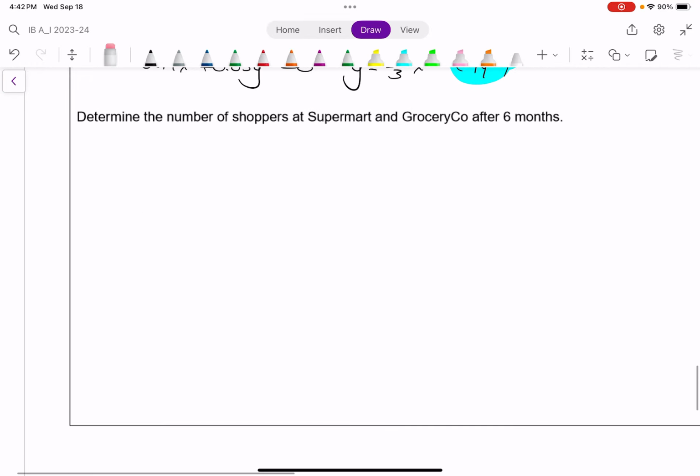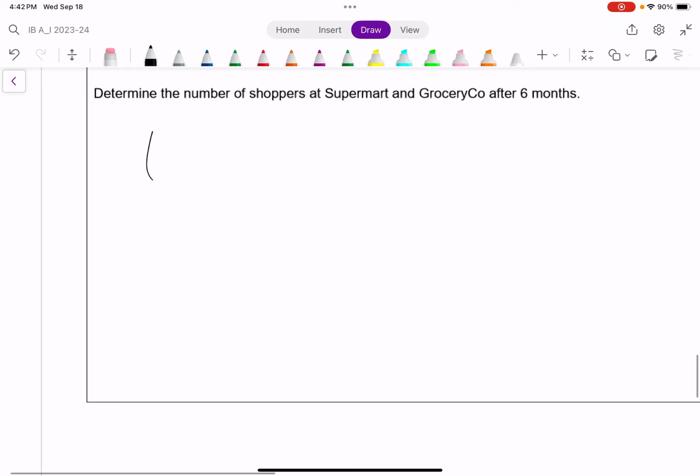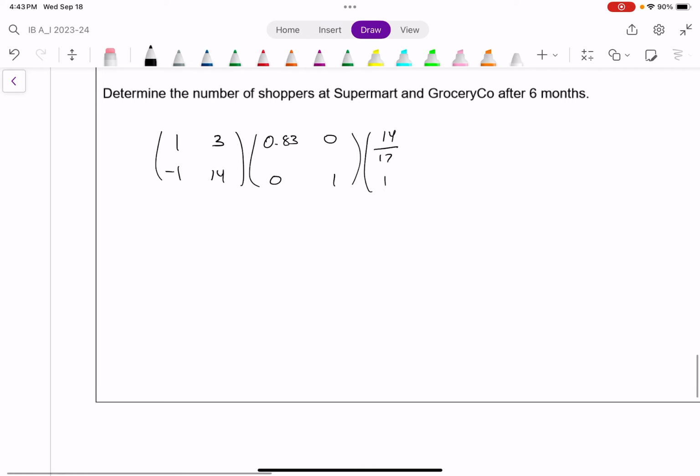So after 6 months, I'll basically copy out what I have already done, just to waste more of your valuable time. And every time I multiply by these 3 matrices, it's the equivalent of multiplying by that 1 transition matrix.